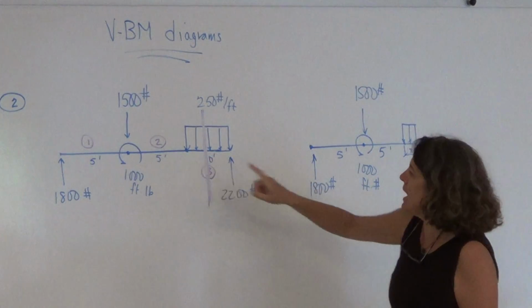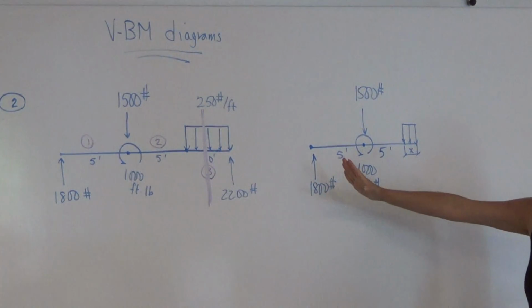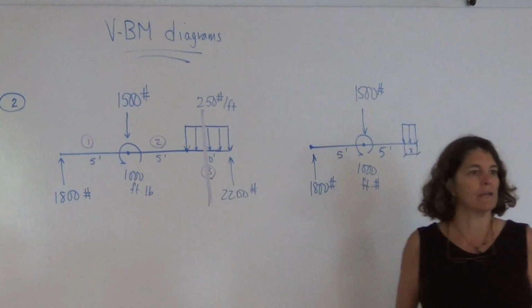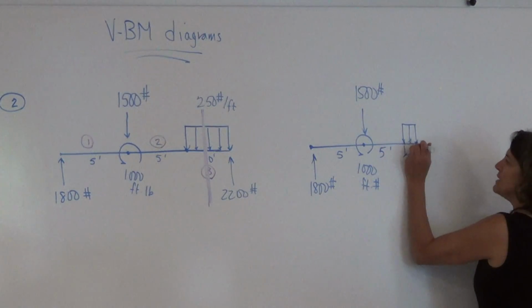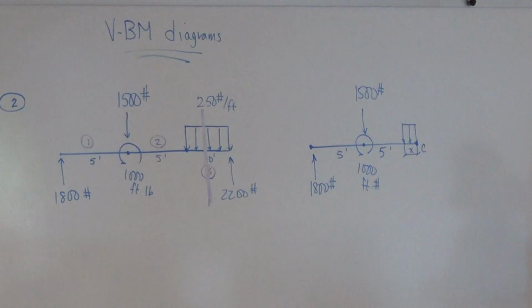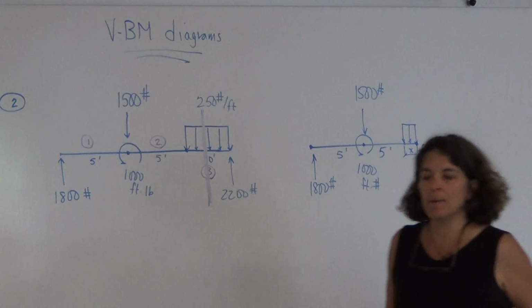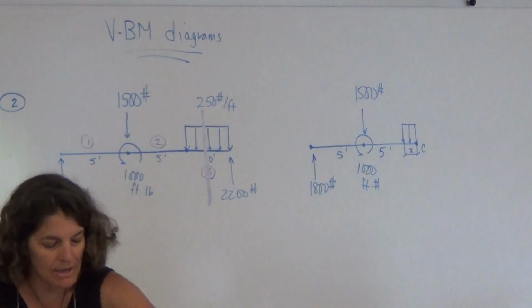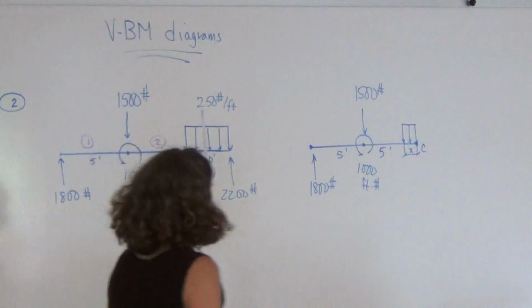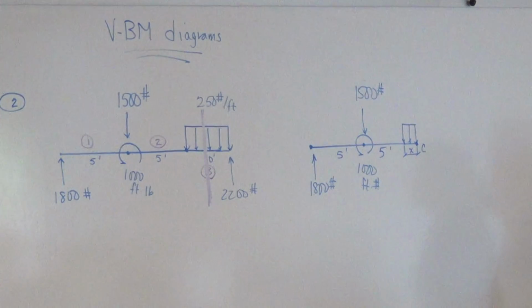Okay? So I'm trying to calculate. Does everybody see I drew everything up to the point where I'm cutting? And this point right here is the cut point. Everybody see what I did? I drew everything to the left of that cut point. What I'm trying to do is calculate the shear and the moment here, right?